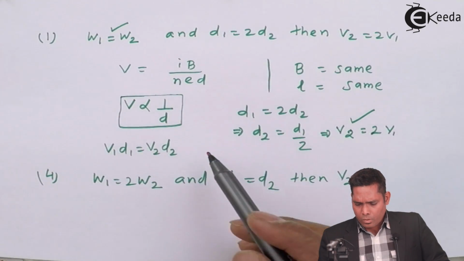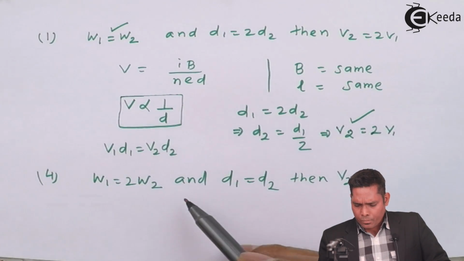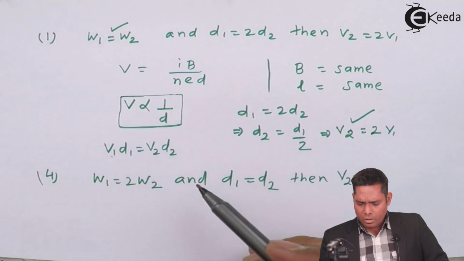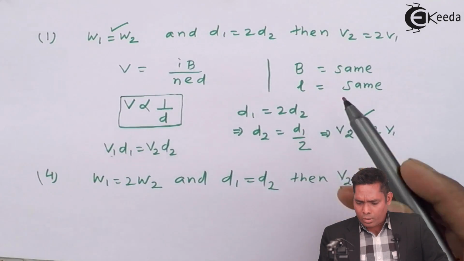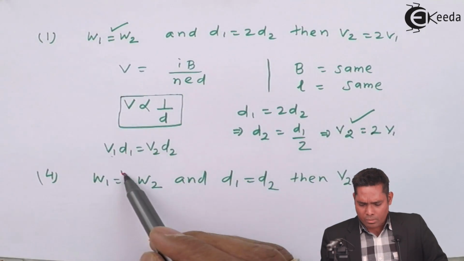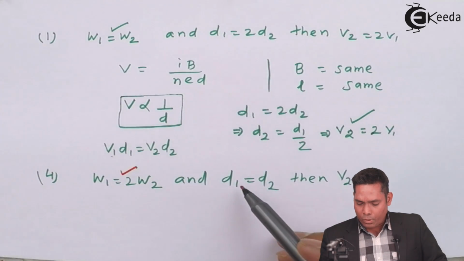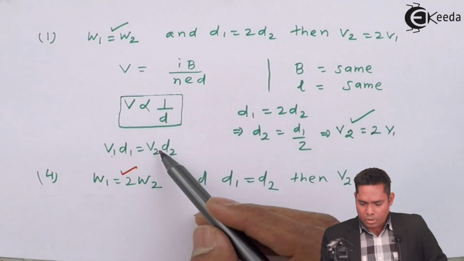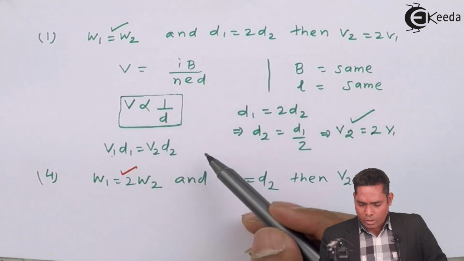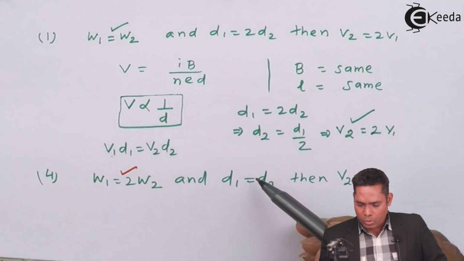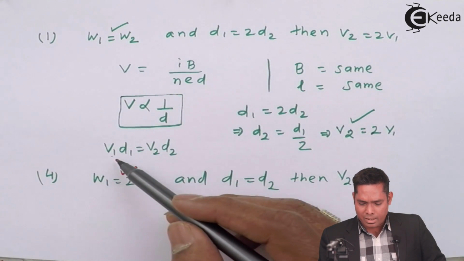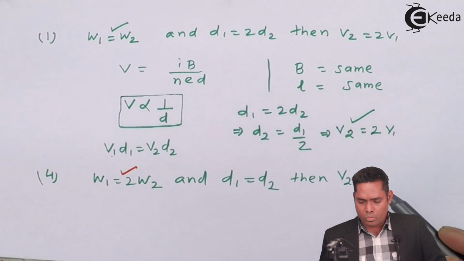That means V into D is the same, the product of these two is constant, and it is independent of W. So if D1 is D2, if I put D2 as D1 here, the D1 will cancel and V1 is V2.